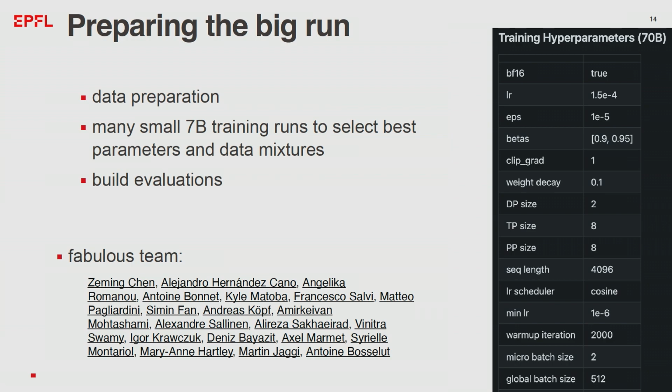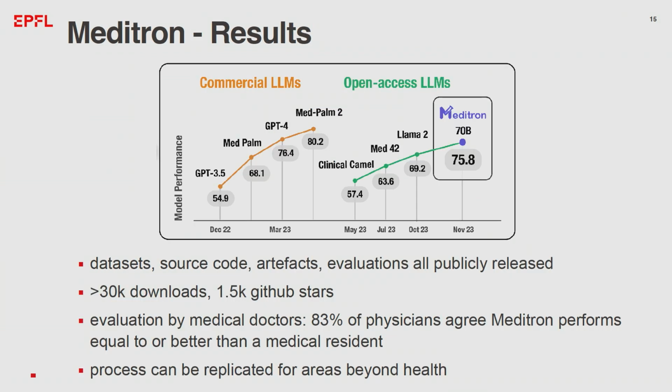So maybe I show the results here. It performed almost as well as Meditron 2 by Google, which has 500 billion parameters, and this one only has 70 billion. So it also performed much better than Llama 2 originally, and this was nice.